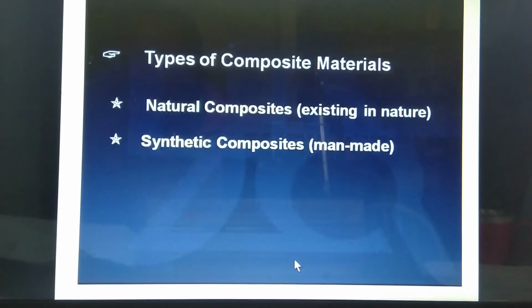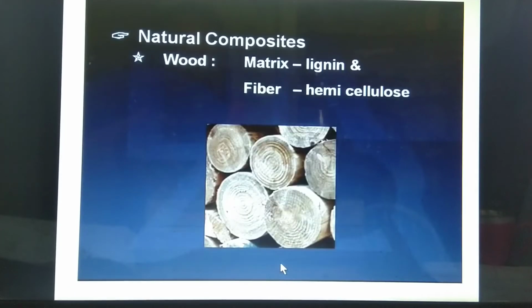Before that, let us discuss the types of composite materials. There are two different types of composite materials available. One is called natural composites, which exist in nature, and the second is called synthetic composites, which are man-made.